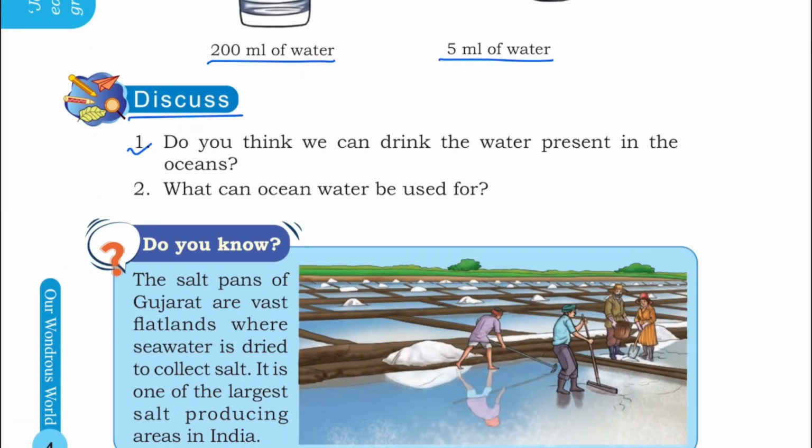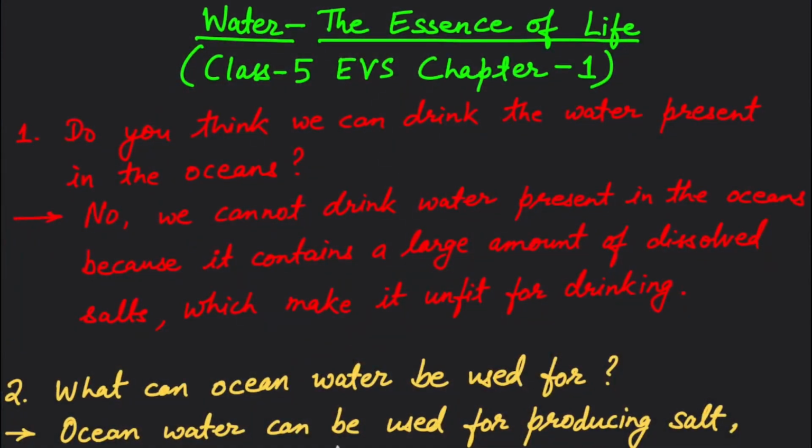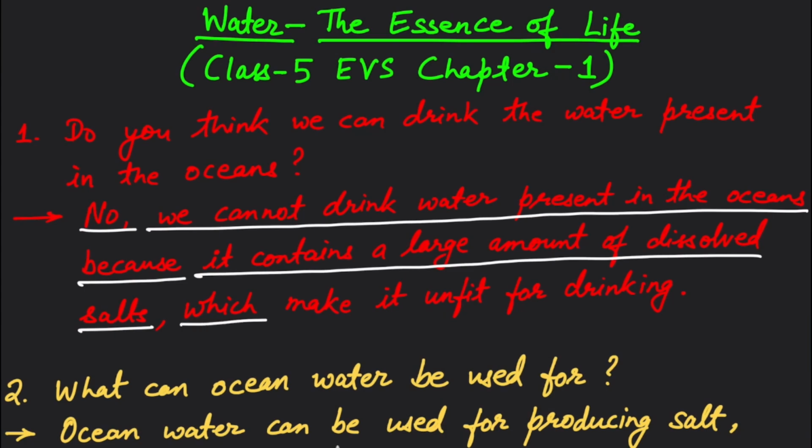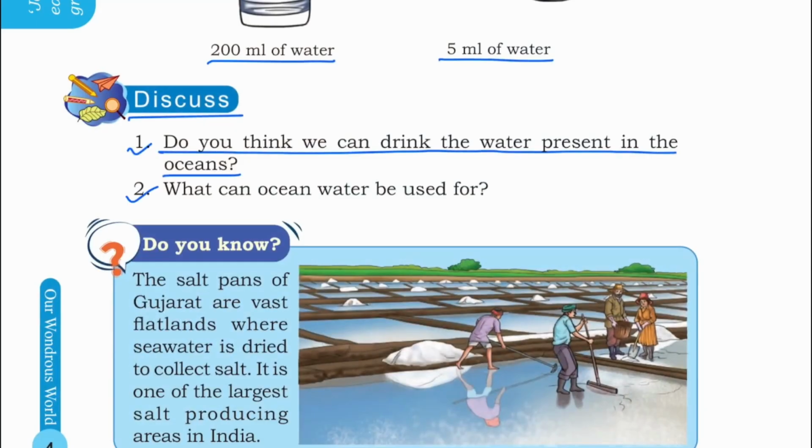Discuss. 1. Do you think we can drink the water present in the oceans? You can write the answer like this. No, we cannot drink water present in the oceans because it contains a large amount of dissolved salts, which make it unfit for drinking. 2.